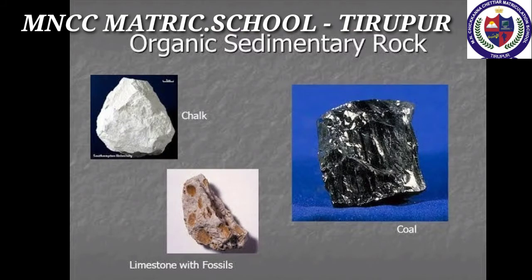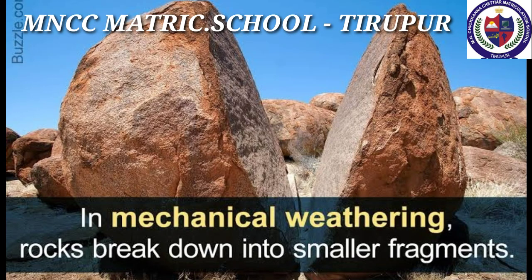Types of sedimentary rocks. Organic sedimentary rocks are formed as a result of the decomposition of dead plants and animals. They contain fossils. Chalk, talc, dolomite and limestone are of this category. Mechanical sedimentary rocks are formed from the disintegration or breaking of rocks.